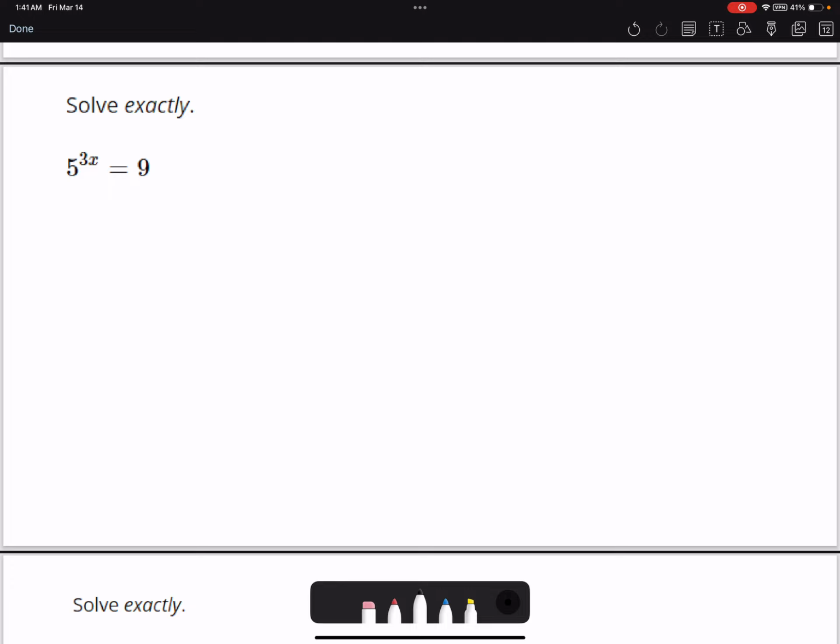The first thing we do is log both sides. So we have log of 5 to the 3x equals log of 9, and that makes it so the 3x can come down in front.